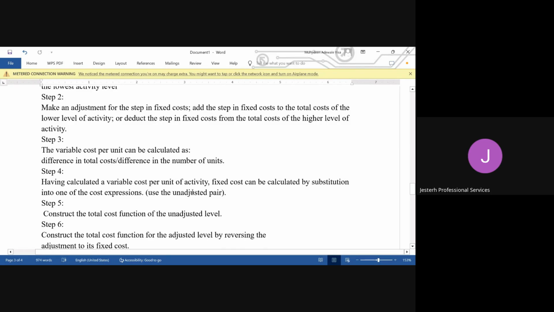The first one, we determine our high and low level of activities, then we calculate the variable cost, then we calculate the fixed cost, and then we come up with the cost function.